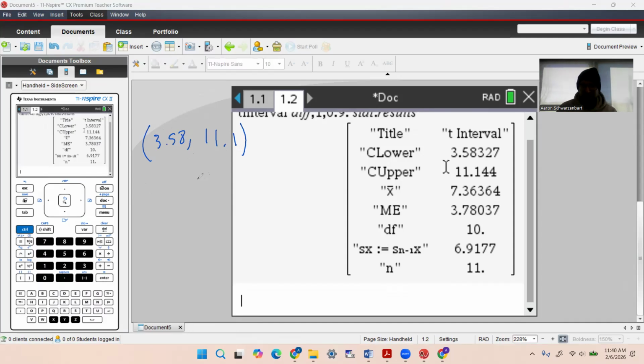So I can conclude that my mean difference in my caffeine-dependent population is going to be somewhere between 3.58 and 11.1 on this depression score, the Beck depression inventory, when they are taking a placebo versus taking a caffeine pill.